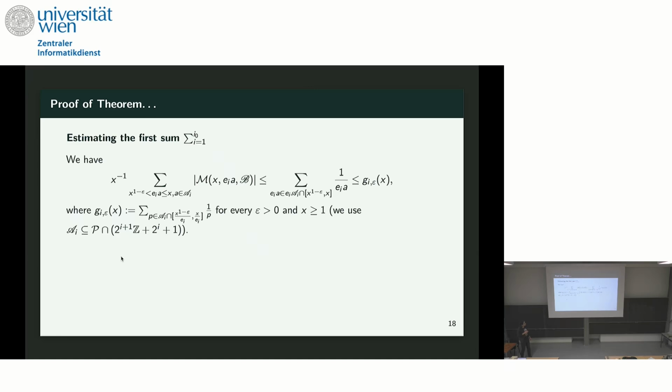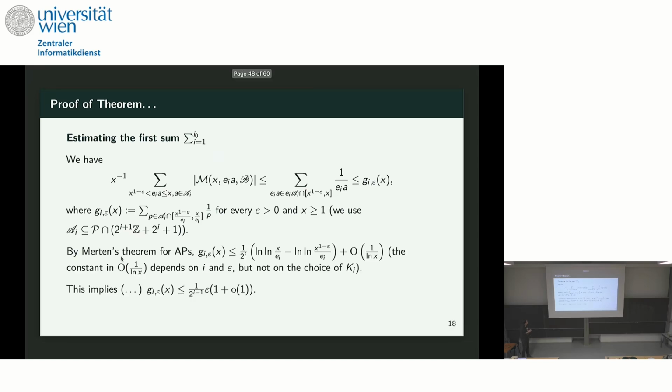These A's are certain primes. So instead of looking at certain primes, I can look at all primes that are in here, or even all primes that are in this arithmetic progression and in this subinterval. And when we have this, we are able to use Mertens' theorem for arithmetic progressions to get such nice bounds.